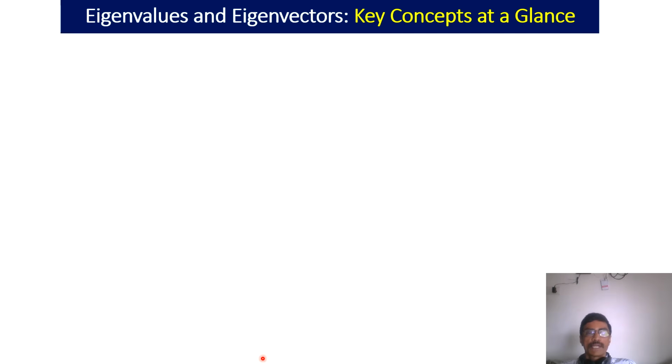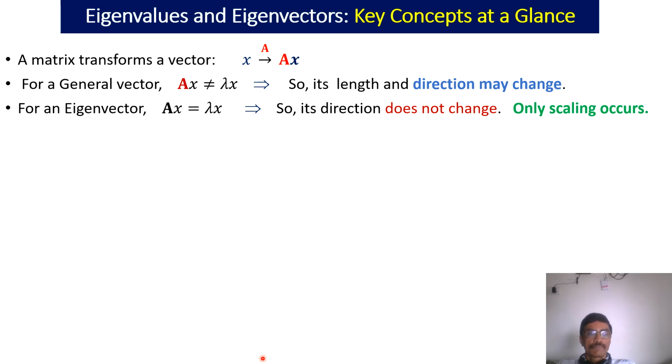Let us first understand the basic ideas and important properties of eigenvalues and eigenvectors. The first step is transformation of a vector using a matrix. Here x is the input vector, A is the transformation matrix. Whenever matrix A acts on the input vector, it produces a new vector called the transformed vector, that is Ax.